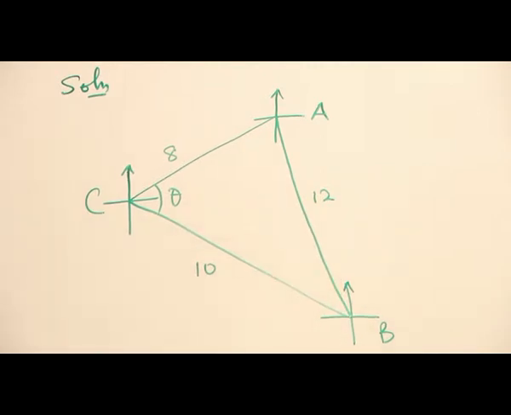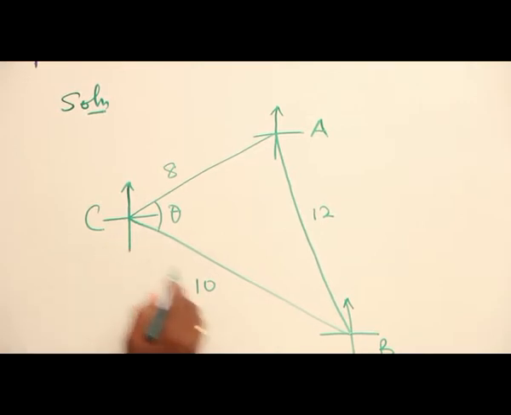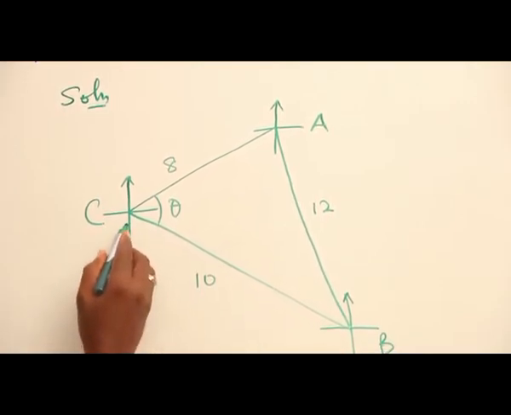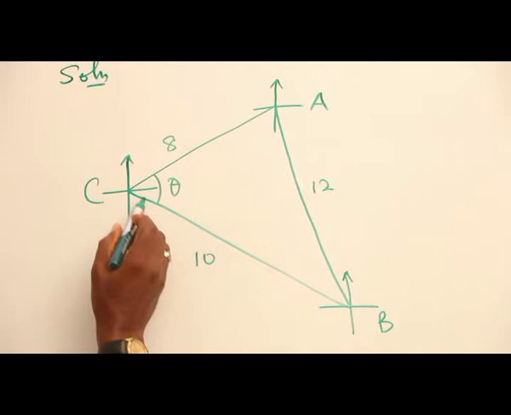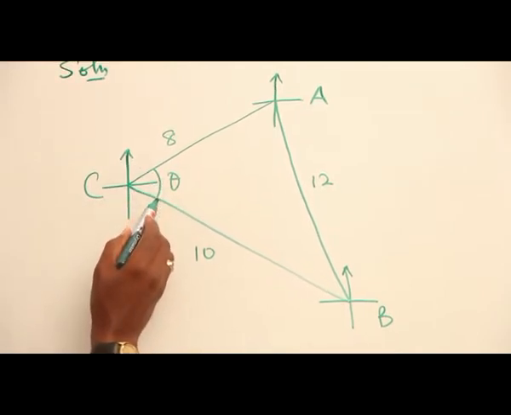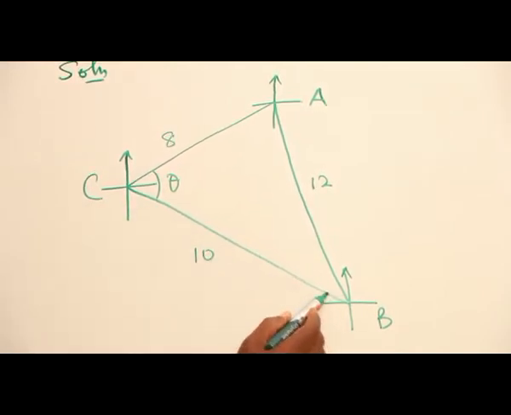Of course, we were told that B traveled on a bearing of 150 degrees. So from here to this point here is 150 degrees.